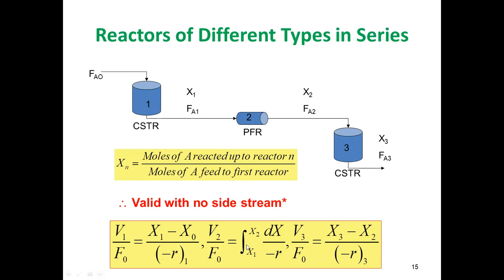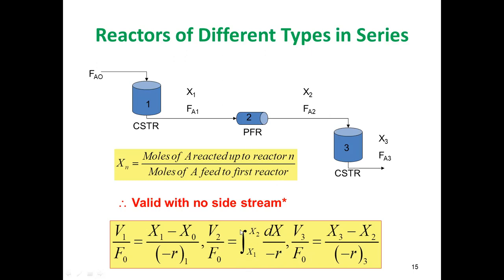This particular formula you can also see in Levenspiel. So this formula is for your CSTR, for your first reactor, no integral. This will be your formula for the PFR in the second reactor.